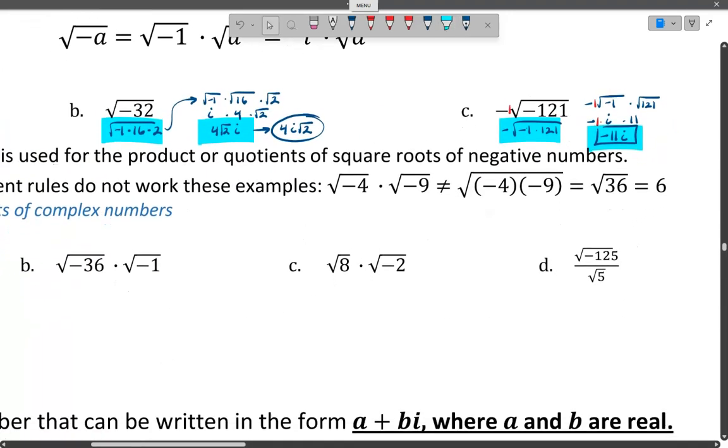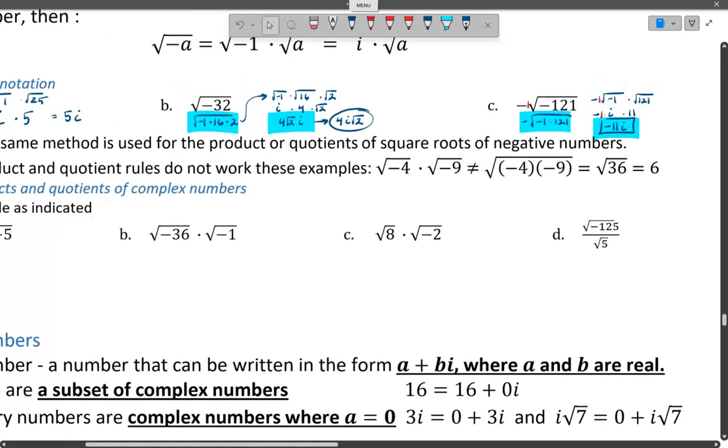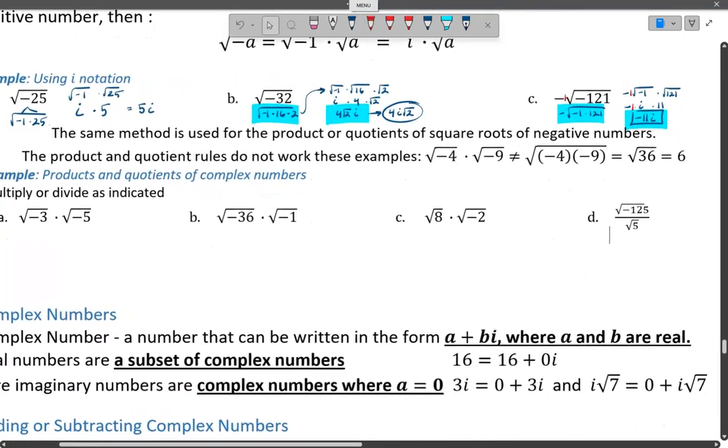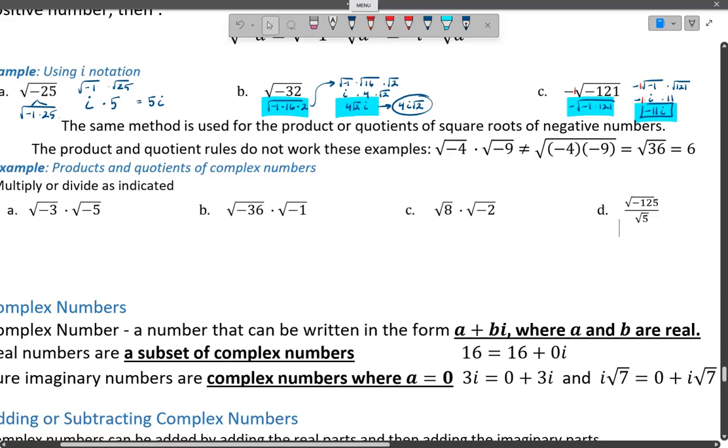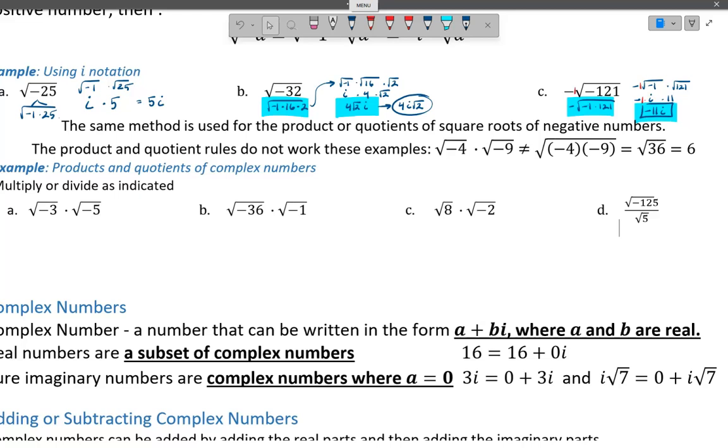Now, here's what often causes a problem with non-real numbers. When we have the non-real numbers and we apply the product rule or the quotient rule, they don't behave exactly the same way. Whenever we have a non-real number, we have to put it in I notation first before we do any arithmetic.